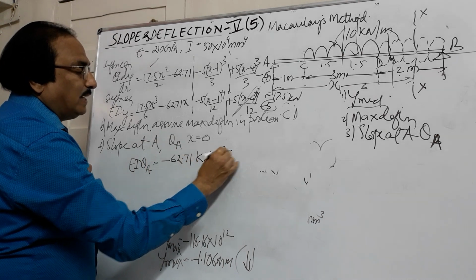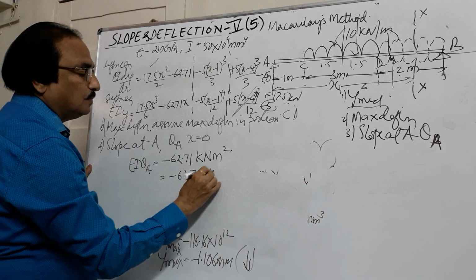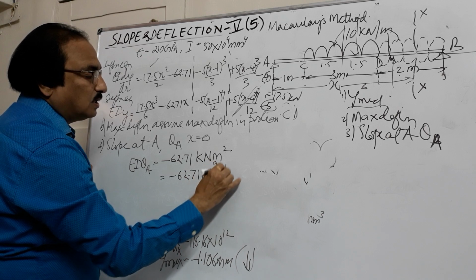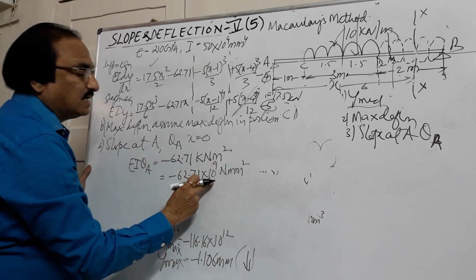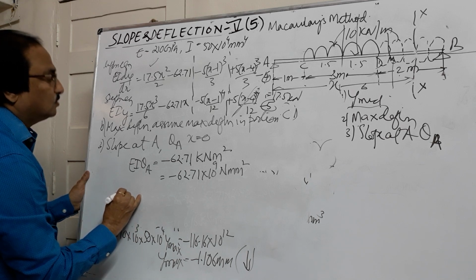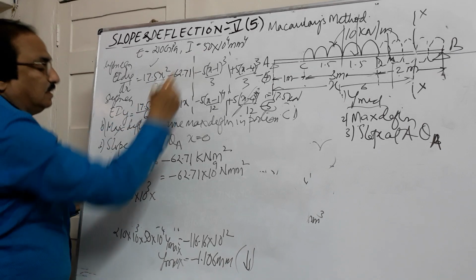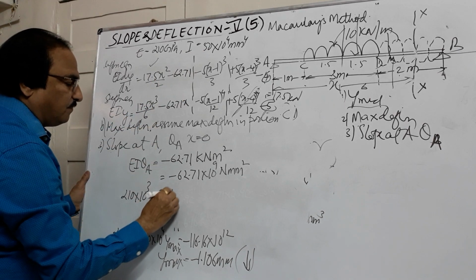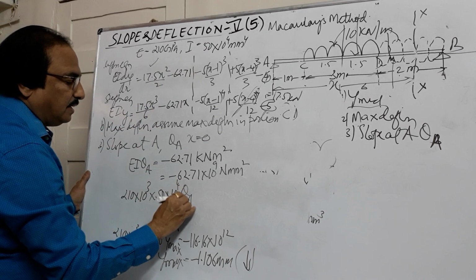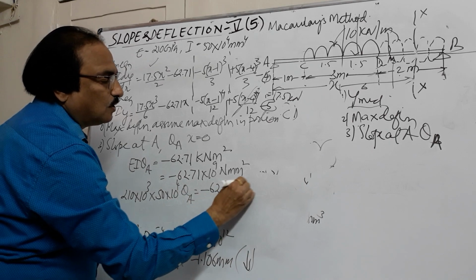kilonewton meter square. So this will be minus 62.71 into 10 to the power of 9 Newton mm square. One is 9, the other one is 12. Here E is 210 into 10 to the power of 3, I is 50 into 10 to the power of 4, into theta A is equal to minus 62.71 into 10 to the power of 9.